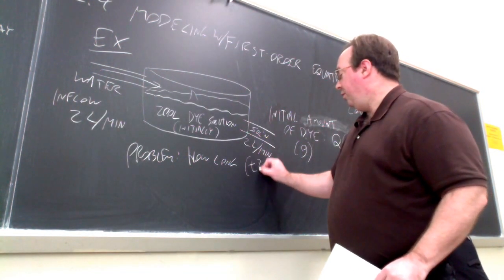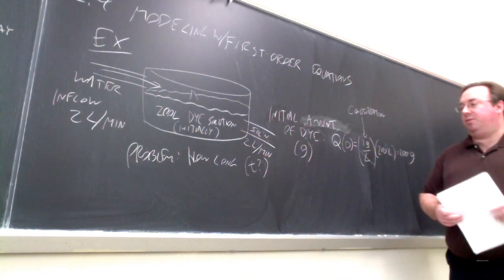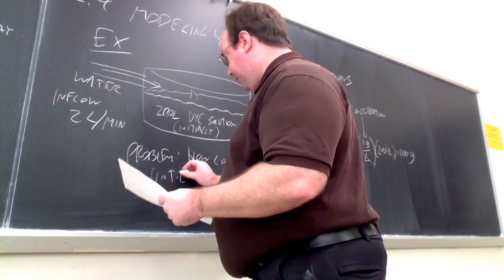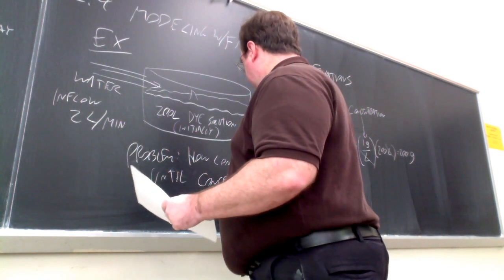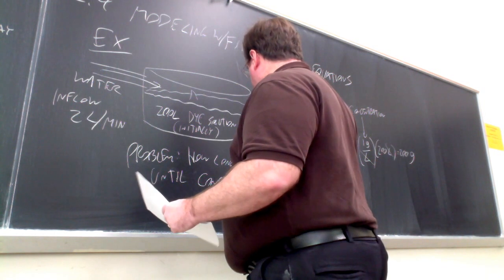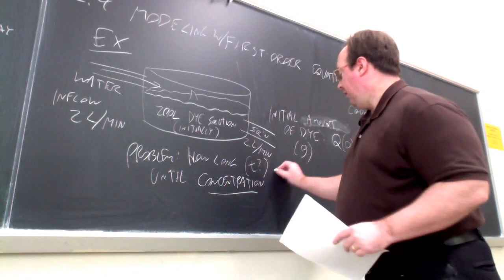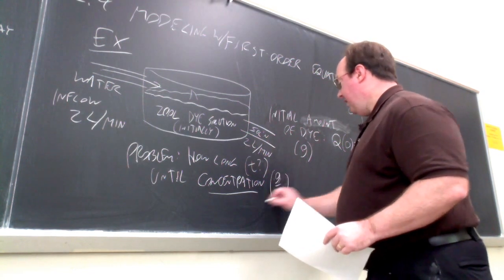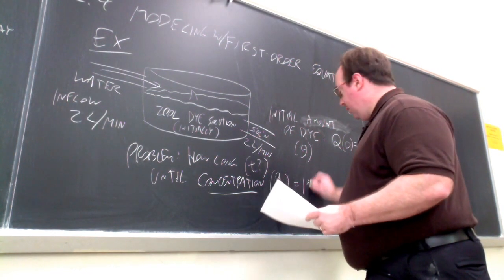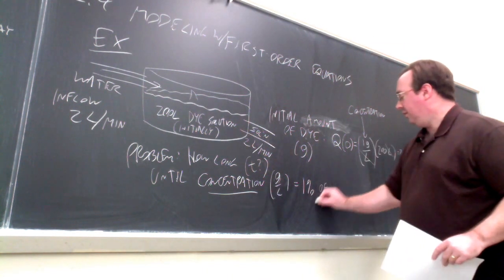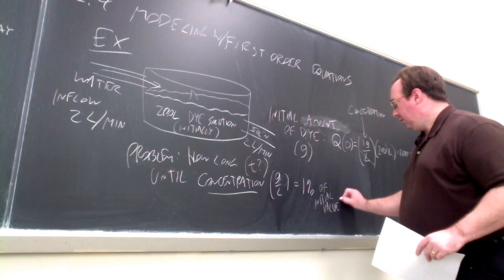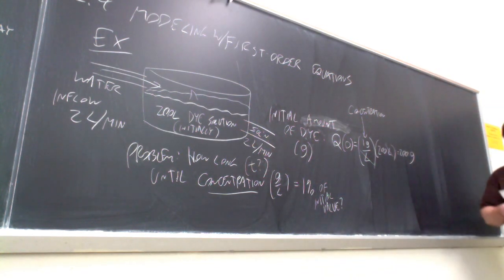So in other words, it's a time value that you're looking for until the concentration, so that's grams per liter, is equal to 1% of the initial value.